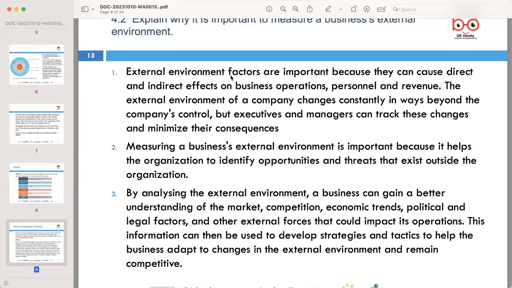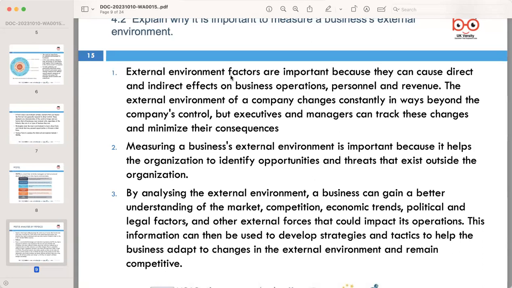Then market understanding: analysis of the external environment provides a better understanding of the market, competition, economic trends, political and legal factors, and other external forces that could impact business operations.